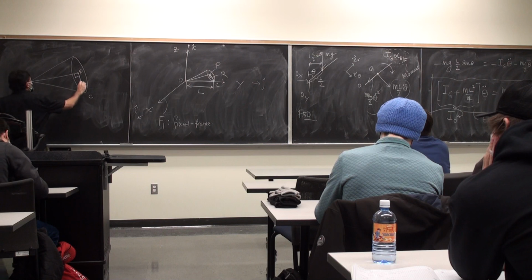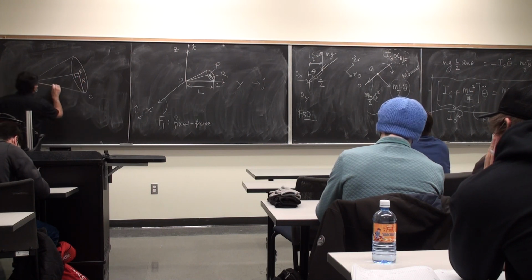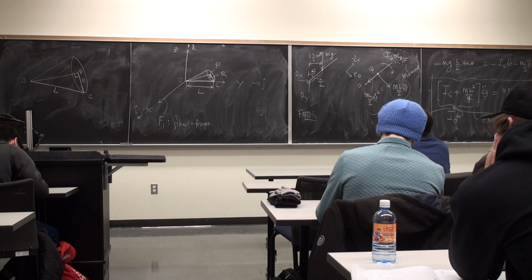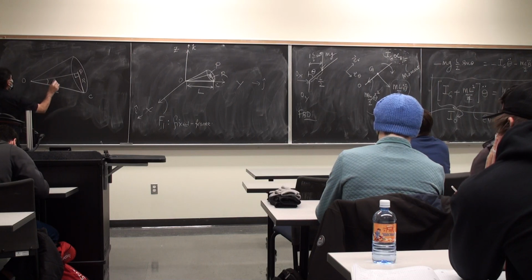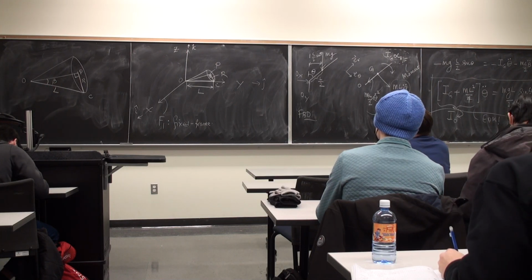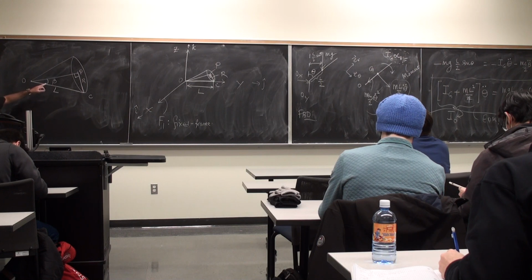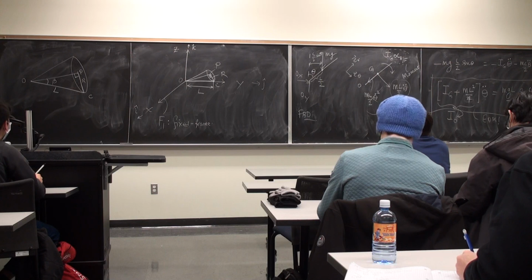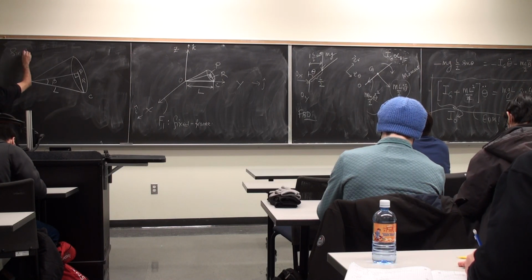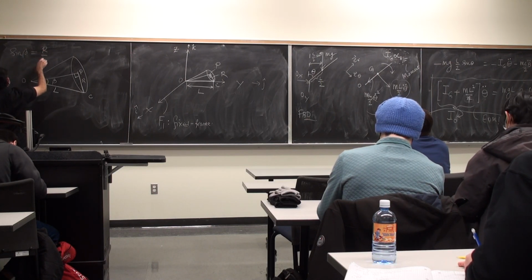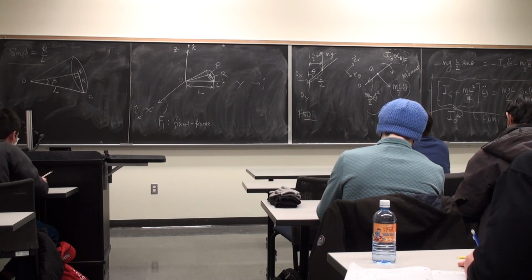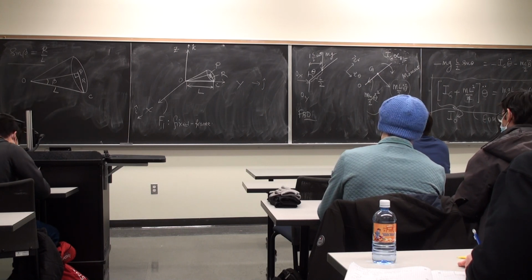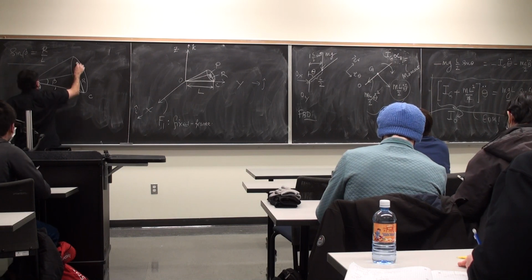This is 90 degrees, and this is L. Which means that the angle here is a fixed angle. Let me call that angle beta. It is quite obvious to see that R by L is sine beta. R is fixed, L is fixed as well, so this is a fixed angle. And this is the base of the cone.